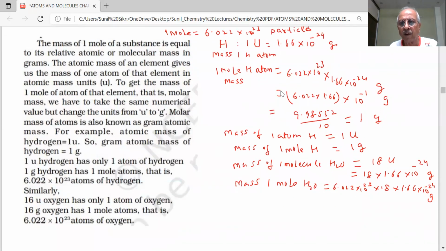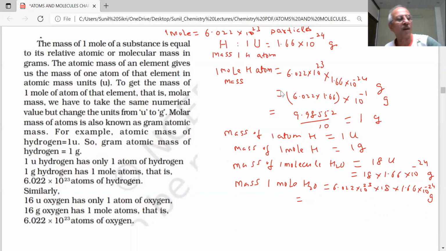What is the answer? 29.88 into 6.022. 2 8 the 16, 2 8 the 16, 7. 4 4 3 4. 8 6 are 48, 48 plus 4 52, 9 6 are 54, 54 plus 5 59, 6 12 plus 17.